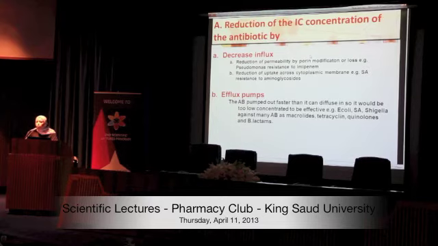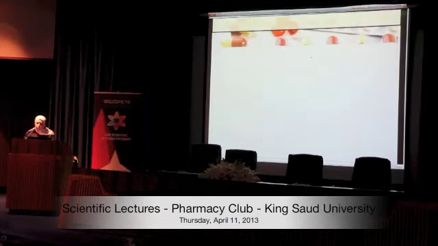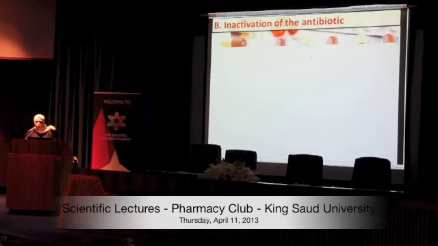So they will never reach a certain concentration that will be effective against the bacteria itself. This is the first mechanism. The concentration never reaches an effective level, through either blocking the door for them, decreased influx, or increasing their efflux pumps.